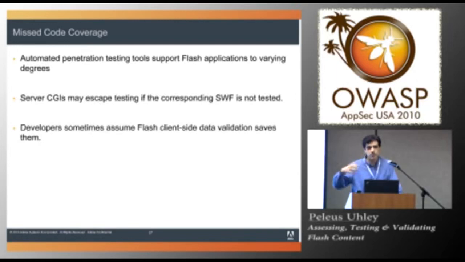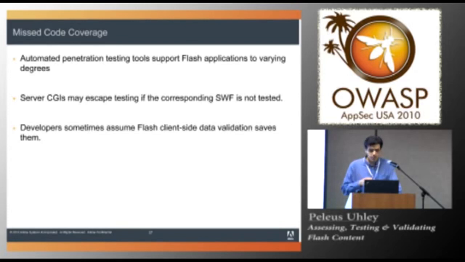And if you have Flash content that's a form, then those tools may not see the server CGI addresses that are behind those SWFs and that those SWFs are calling, because the tool may not be able to understand that SWF, so it skips over it, or it tries to grep the binary for the URLs, but it doesn't actually understand how to interact with it at the same level it does HTML.